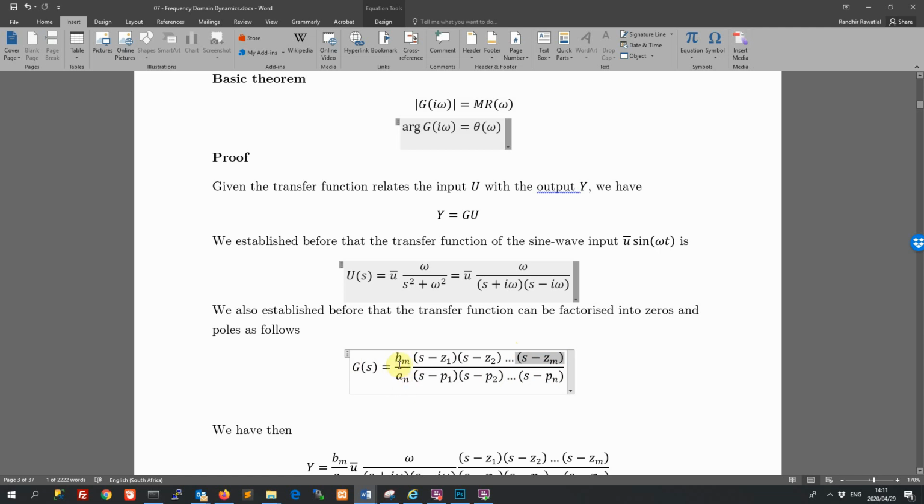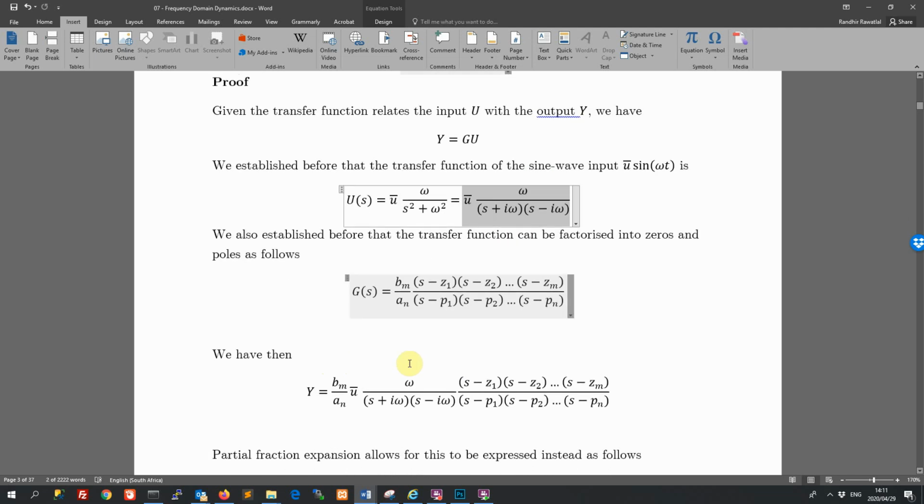So if you look at lecture 2, I think it is, we talked about how we can break a function down into this form. So whatever our function is, we can represent it in this form. And now if we apply that here, we've already defined what u of s is going to look like. So if we take y equals g times u, it is going to look like all this, right? So this is the u part, and this is the g part.